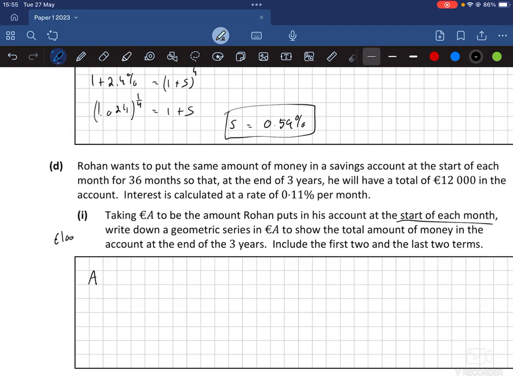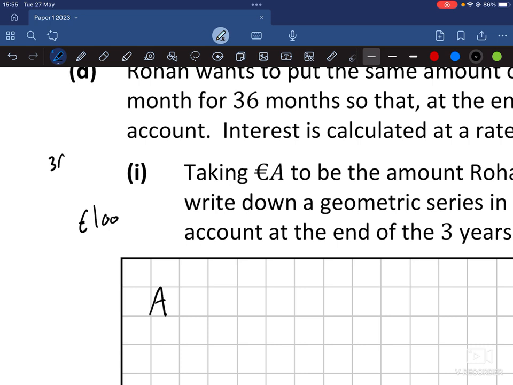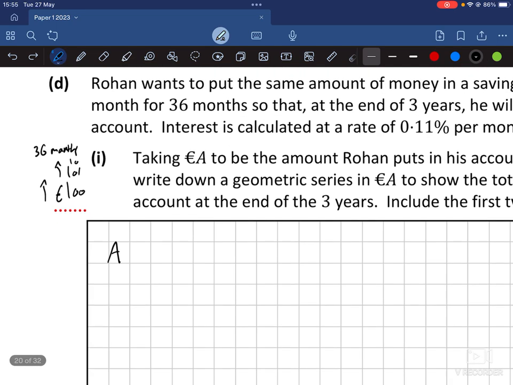It's over 36 months, okay? So every single month, this €100 is going to appreciate in value, okay? So let's say after the first month, it's 101, okay? Now it's going to go up again, now it's 103. Oh, okay, now it's 107, like it goes up each month. So the very first payment he puts in is going to appreciate 36 times. So that's what's important here.